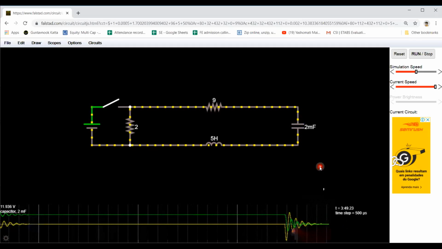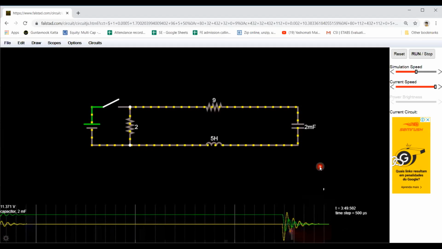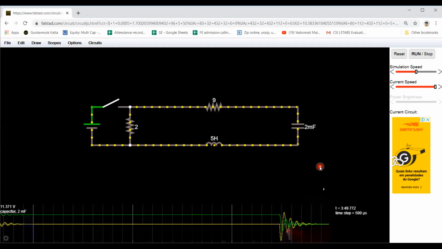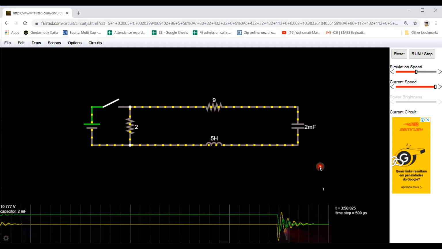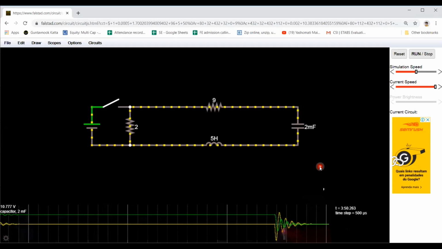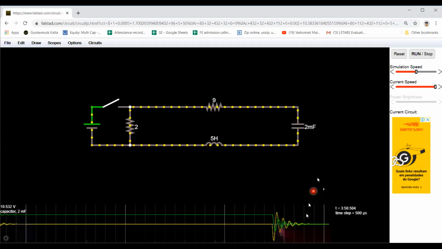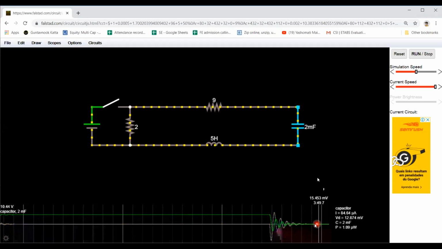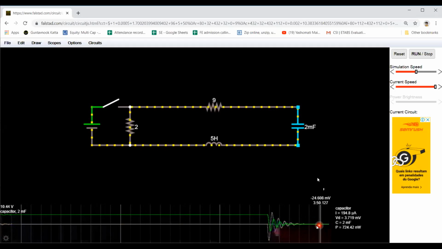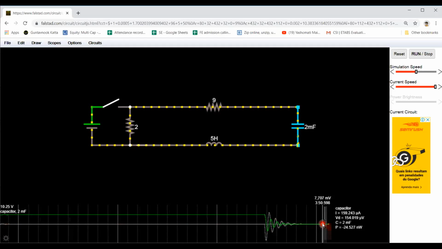amount of time. And we know that for a source free response, if we are removing the source for a long time, then the steady state values of the voltage as well as the current will be 0.